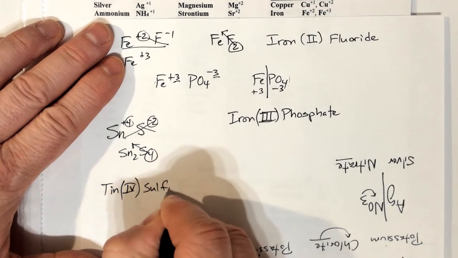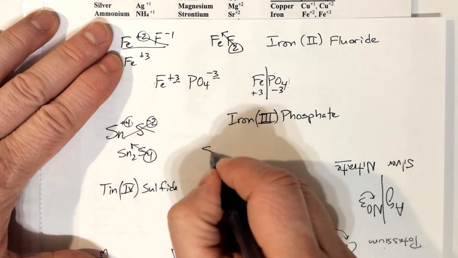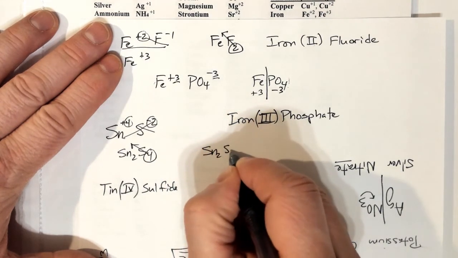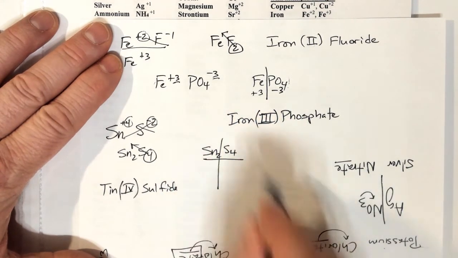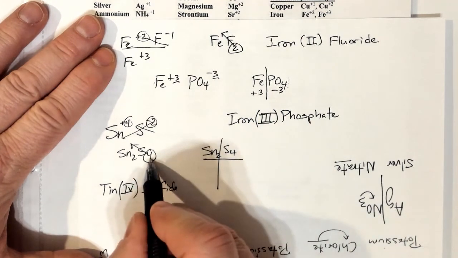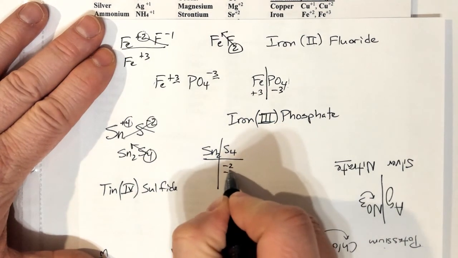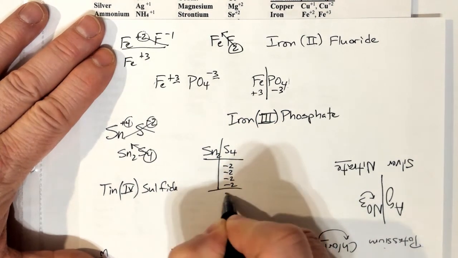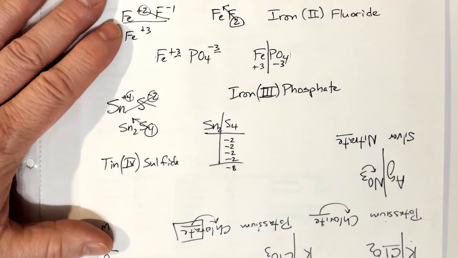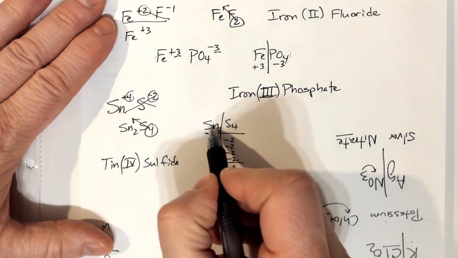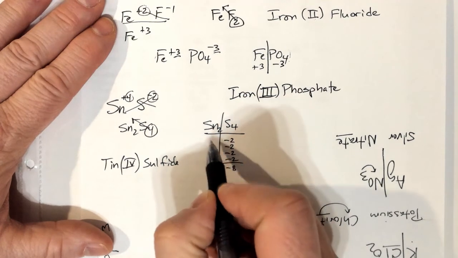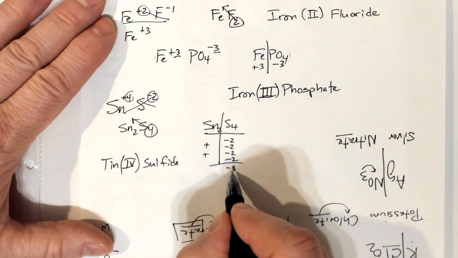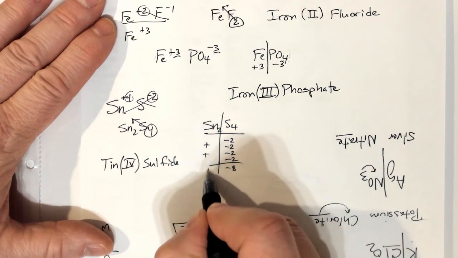But I can look at it this way. Sn2S4. Do a T-chart. I've got 4 sulfurs. Minus 2, minus 2, minus 2, minus 2 is minus 8. There are 2 tins. So what 2 charges can add up to minus 8 and get a plus 8?